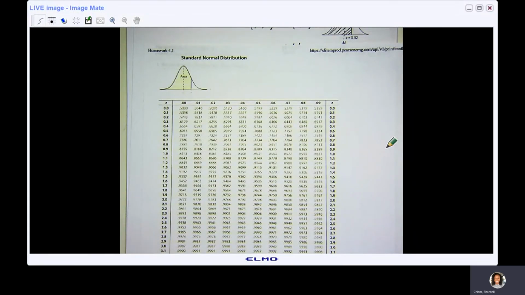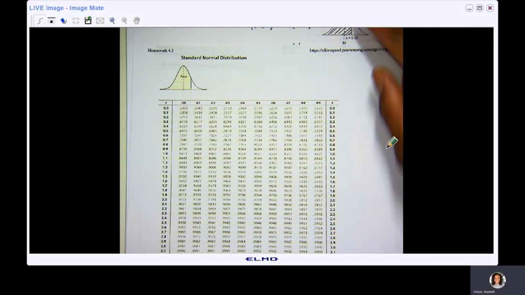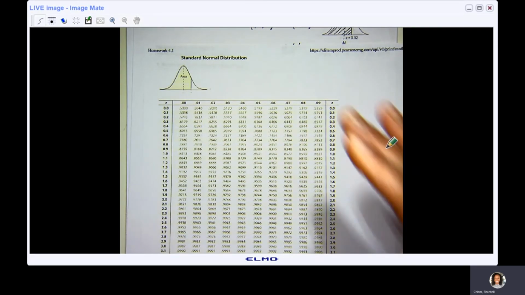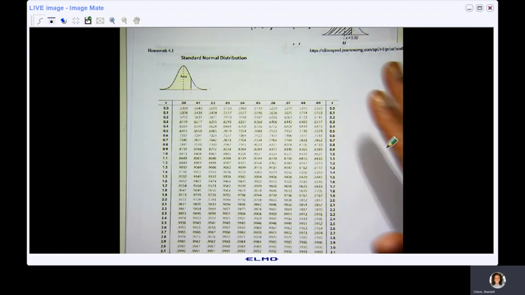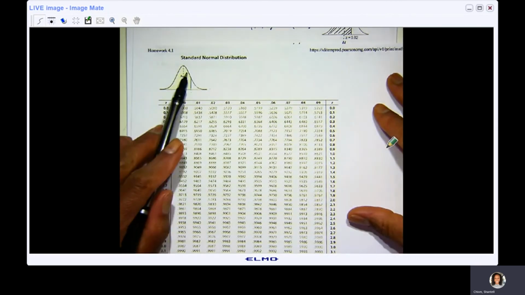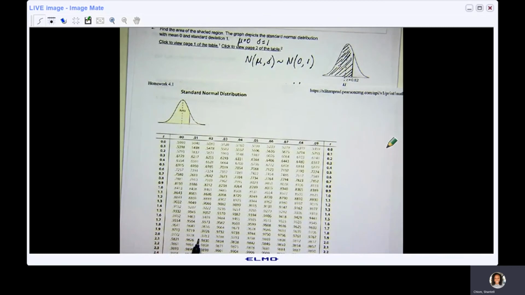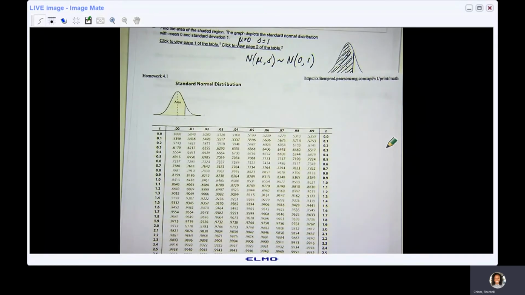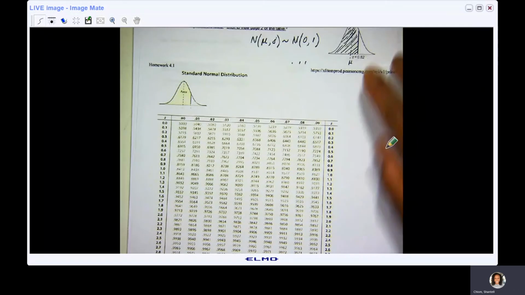So we're looking for a z-score of 0.82, and we're looking for the area that's to the left. When we find this z-score, that area in the table will be our answer because it will represent the area to the left. Take a look. This is shaded to the left, shaded to the left. So whatever area we find in the table represents our area to the left. So we're looking for 0.82.